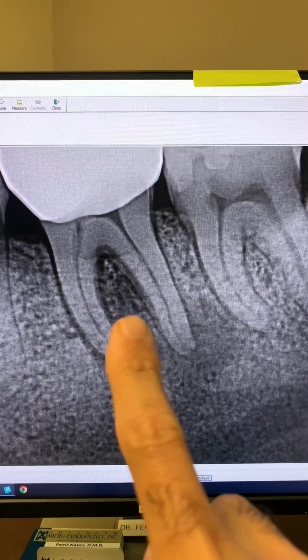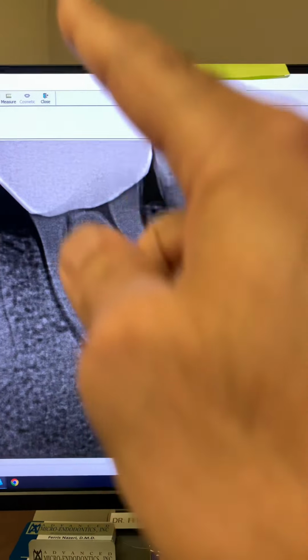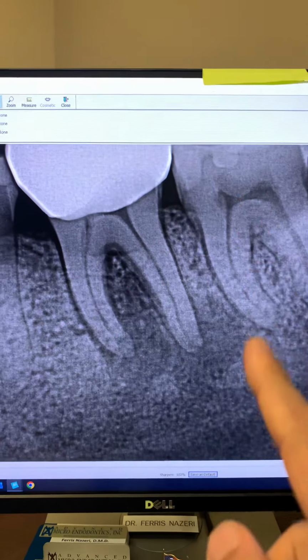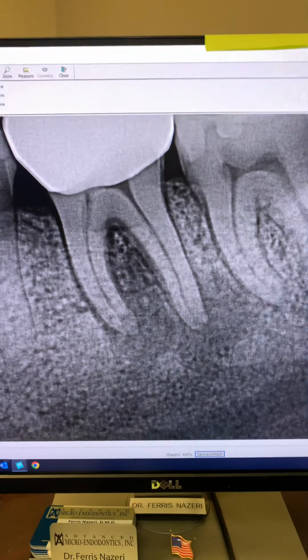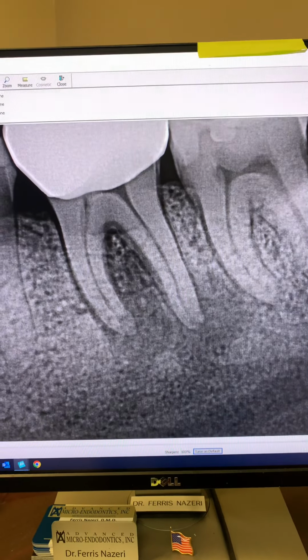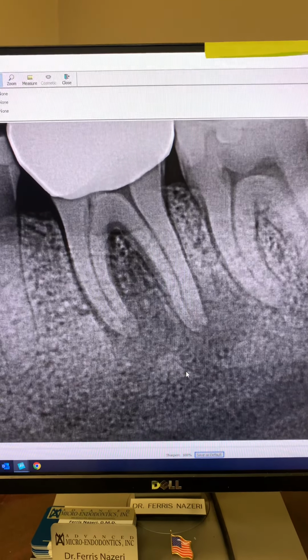It's just that all of this pus is draining, all this purulence is discharging through that deep pocket. So I would consider this an endo-perio situation here. Endo-perio. Okay.